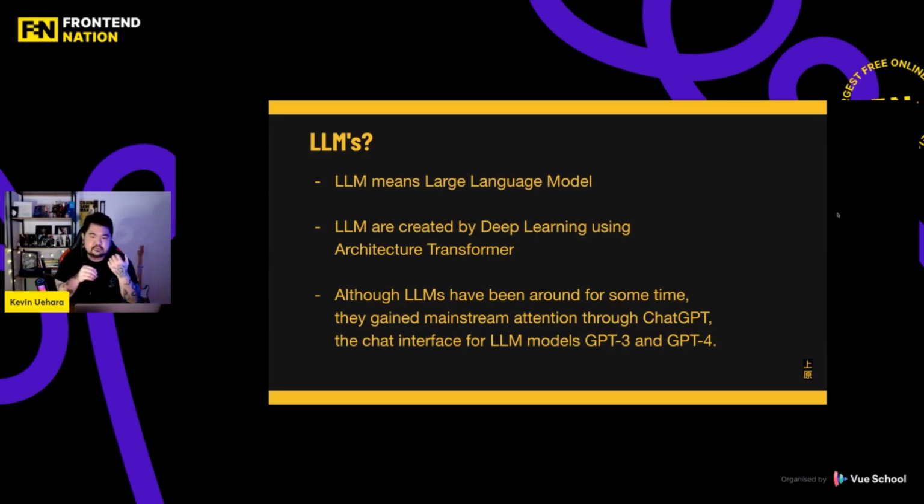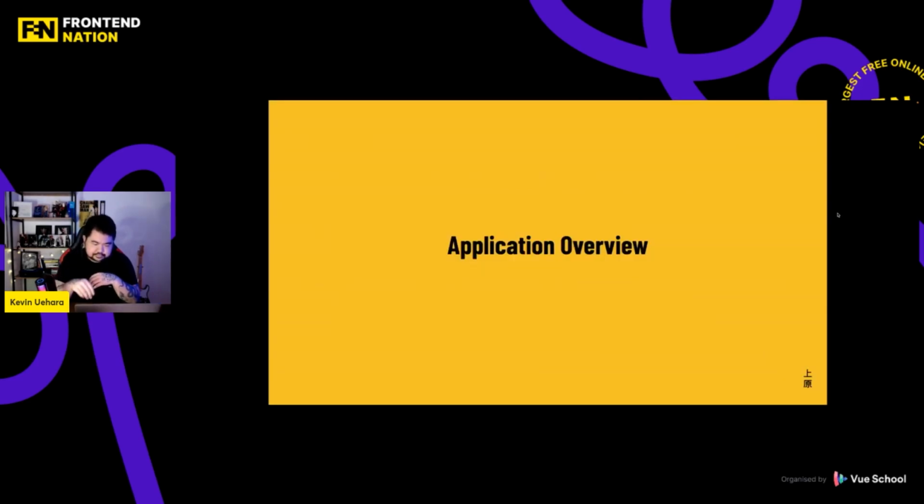They gained mainstream attention through ChatGPT, and we have LLM models like GPT-3, and now we have GPT-4, and so on. Okay, but let's see now with this concept in mind.